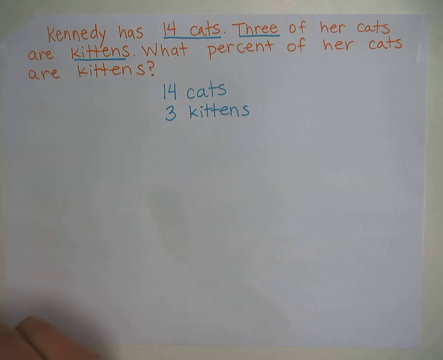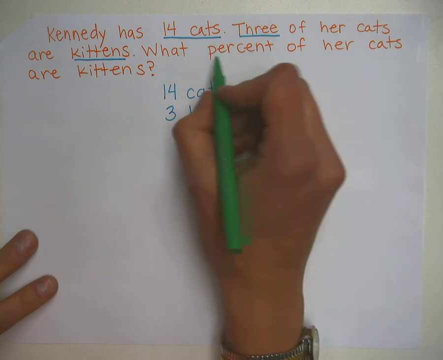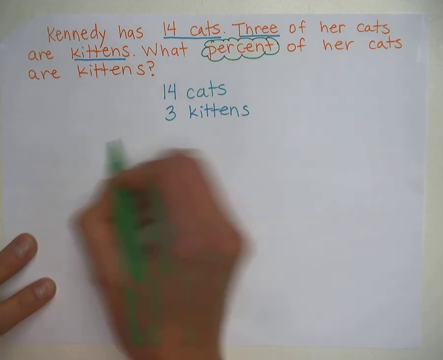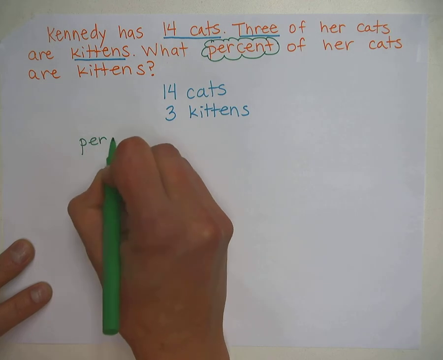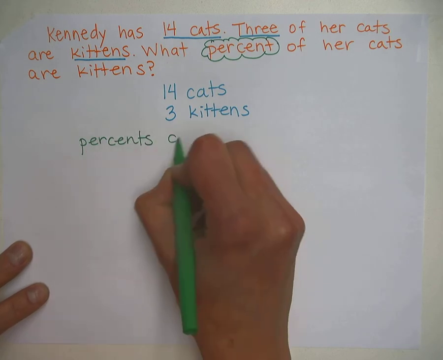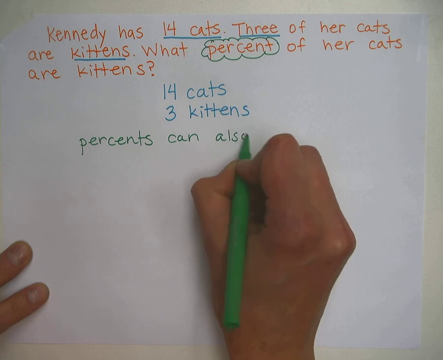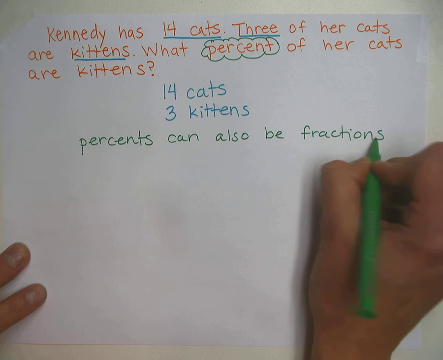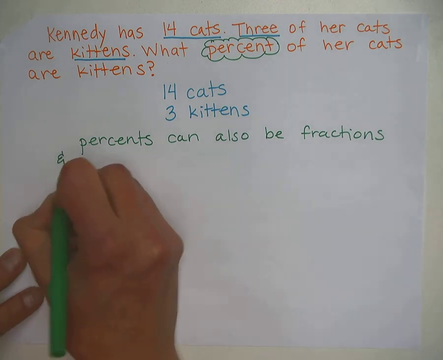I can first, because I know that percents and fractions and decimals can all be turned into one another. So I know that percents can also be fractions and decimals.